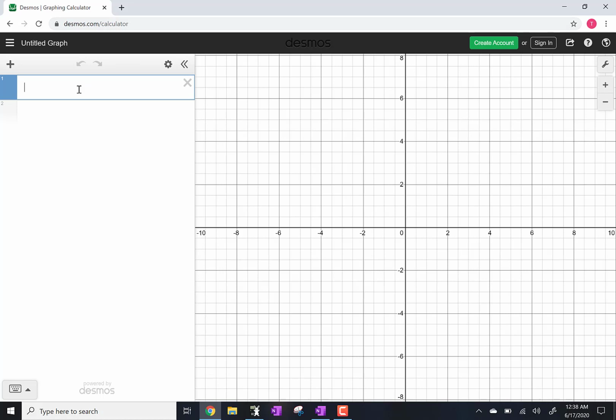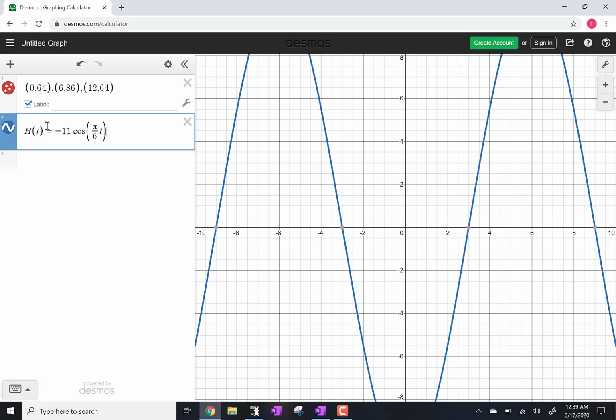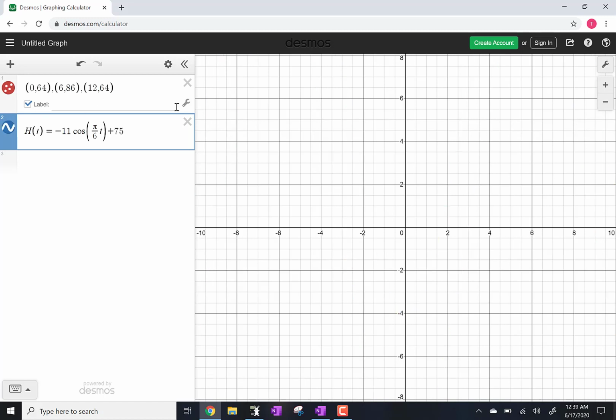With Desmos, I want to graph these points: 0, 64; 6, 86; and 12, 64. I'm going to mark the label. And then put our function in, h of t equals negative 11 cosine of pi over 6 times t, plus 75.